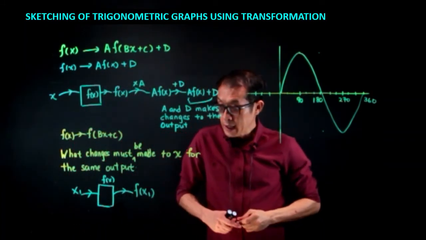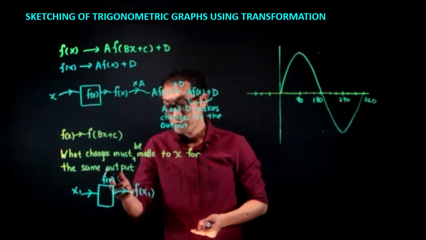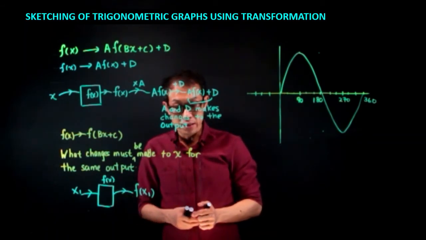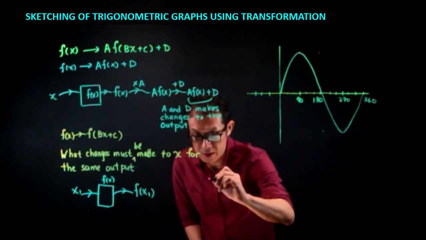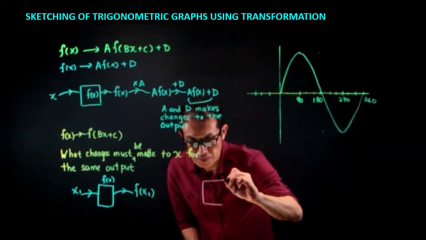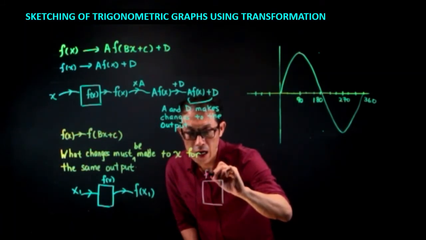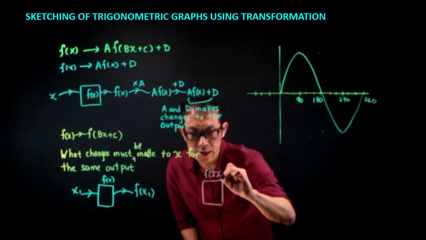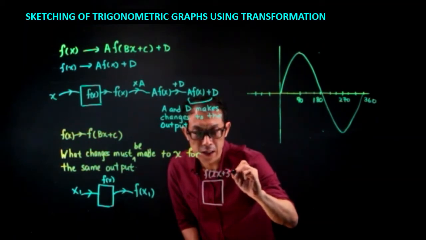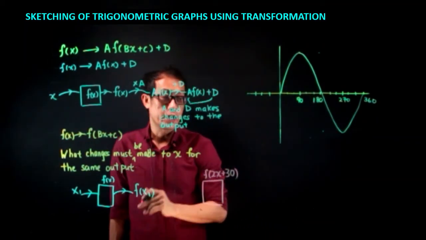Now there is another machine related to this, and the machine is f of 2x plus 30.